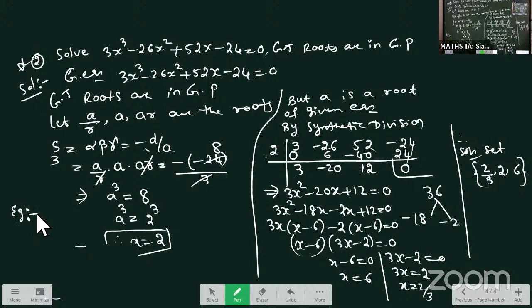Question is, solve x cube minus 7x square plus 14x minus 8 is equal to 0, given that roots are in GP. Practice this question.